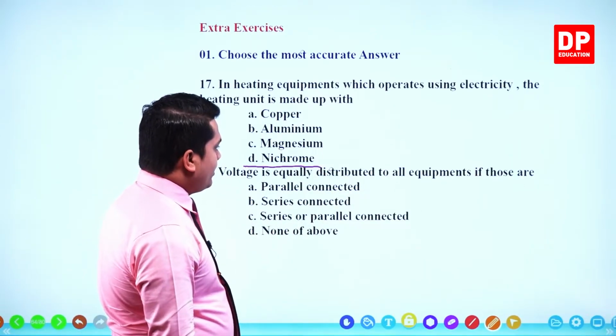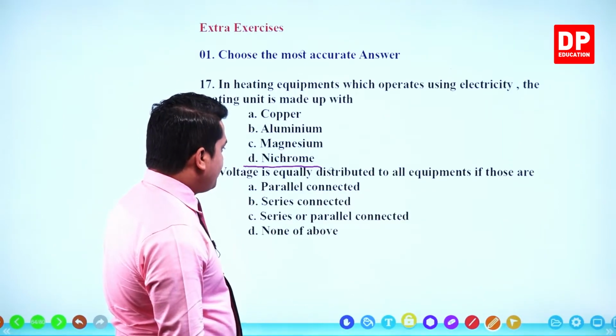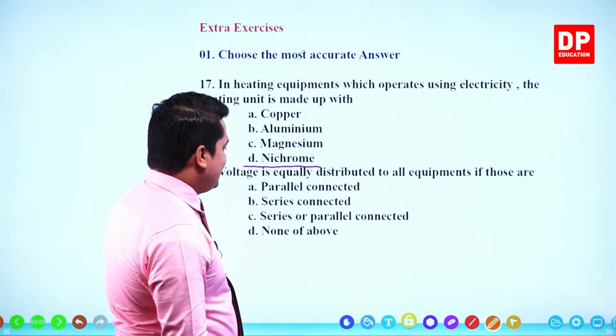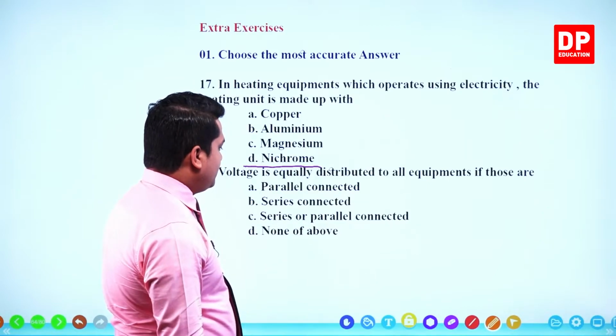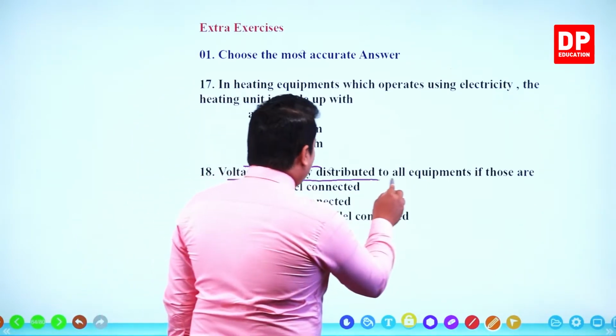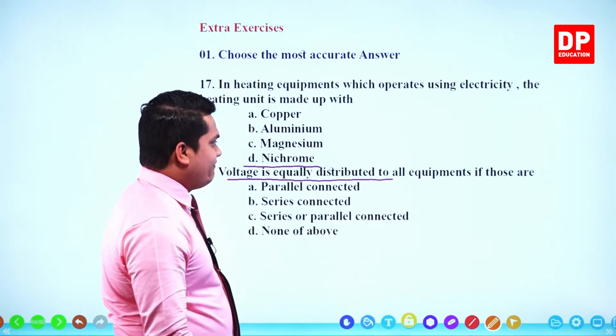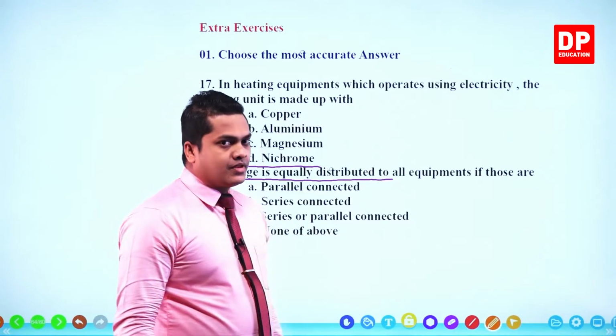Voltage is equally distributed to all equipments if those are parallel connected, series connected, series or parallel connected, none of the above. Voltage is equally distributed to all equipments if those are.